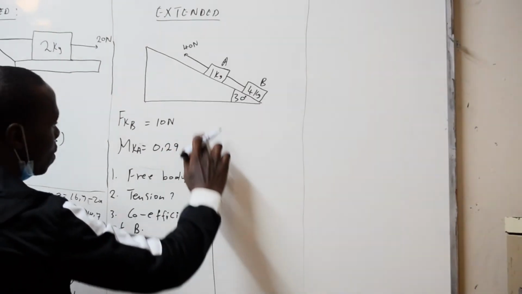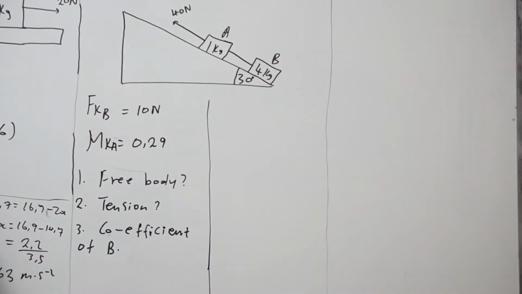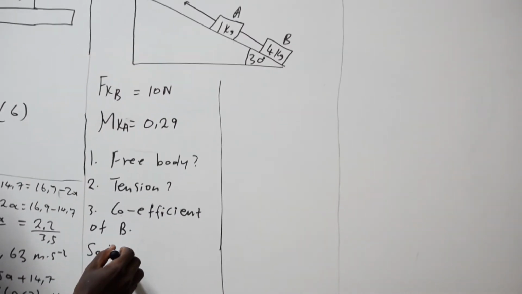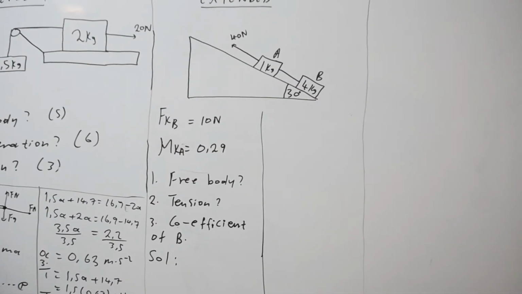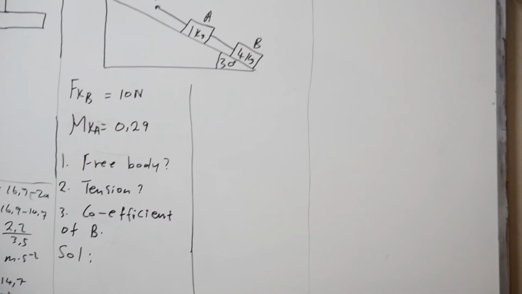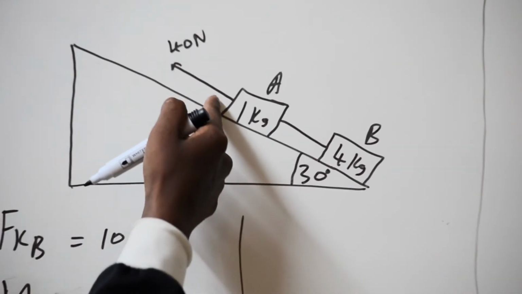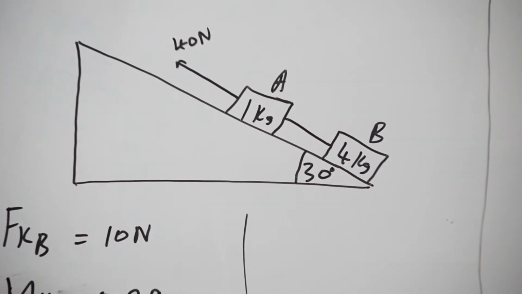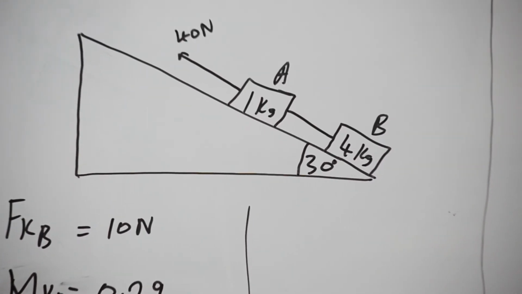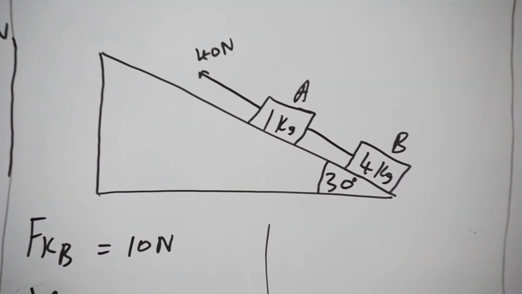Let's take this one, the interesting last number, let's close on a high note. So our question here includes 2 blocks on an incline. Number 1 says we are given the friction on B. This is block B, this is block A. There is an applied force, and if you remember very well, the applied force is used only if the object is stationary.